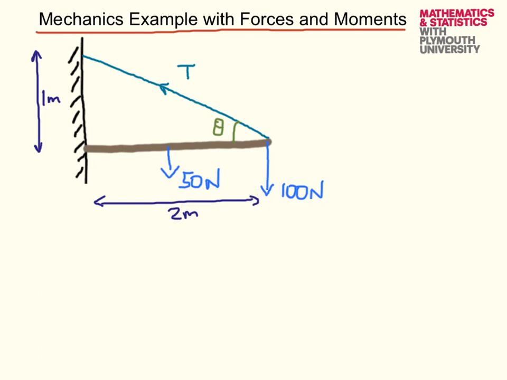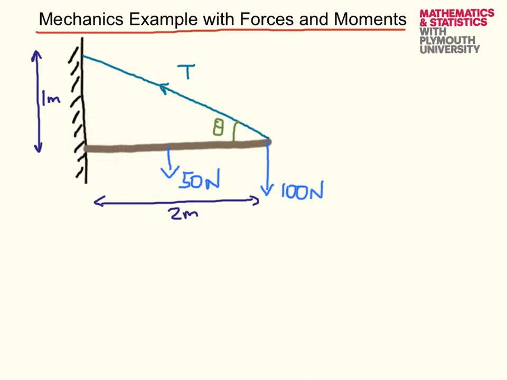So as well as these forces of the weight of the rod, the force applied to the end of the rod and the tension in this light cable, there will be another force which is going to be a reaction force.